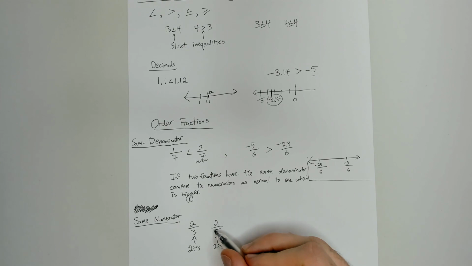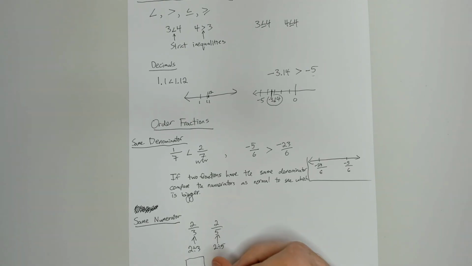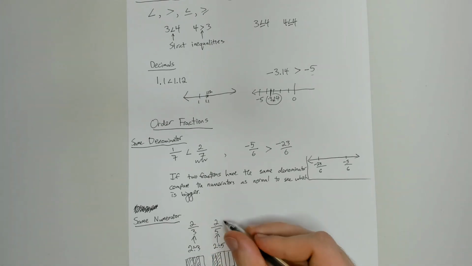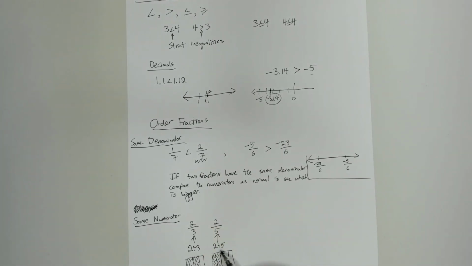Well, the 5 pieces that we're splitting 2 into are going to be smaller, right? If we split a whole amount into thirds and shade in 2 of those 3 pieces, all equally sized, versus splitting the same area into 5 pieces and shading in 2 of those, since these pieces are smaller, we get a smaller amount shaded in.